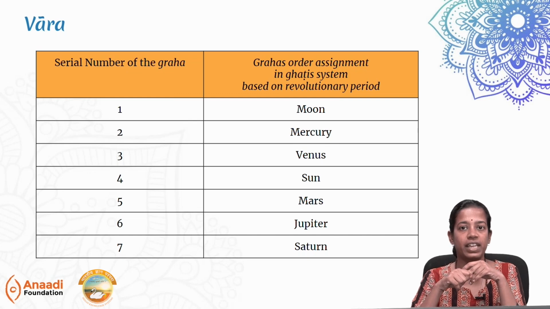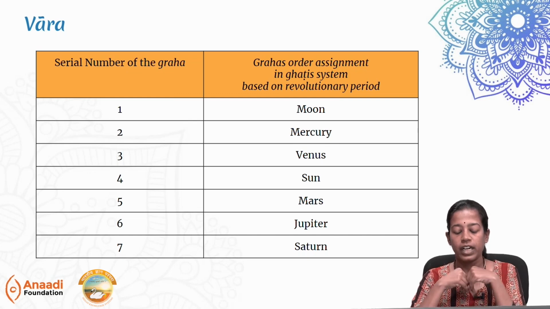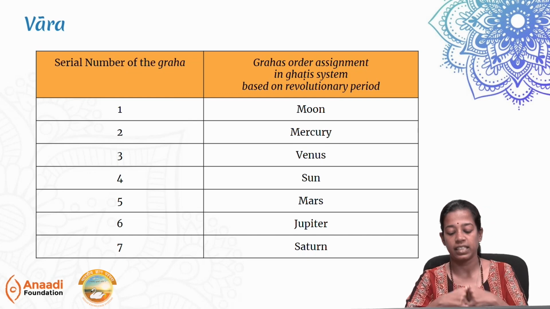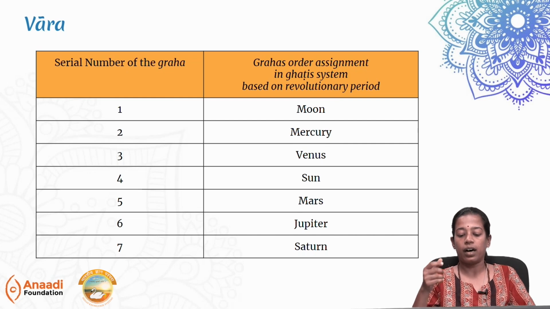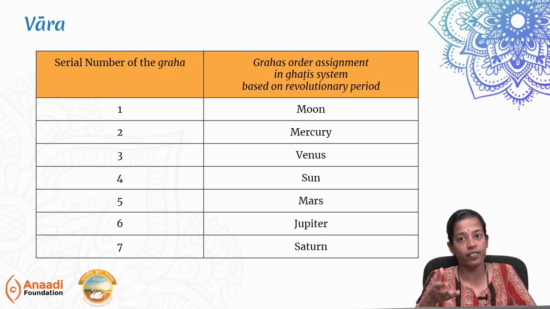Moon of course has a very small revolutionary period of 27.33 days, while Mercury takes about 88 days, and Venus takes about 225 days. Sun, basically, is from an observer point of view, so it takes about 365.25 days.